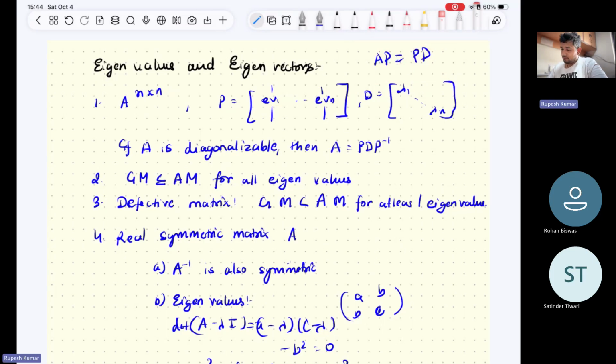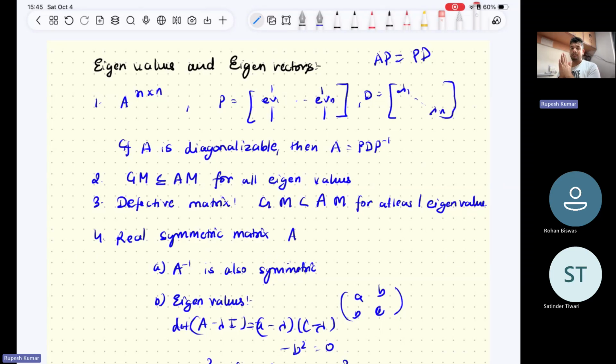The first hint on diagonalizability comes from this equation itself. Can P be inverted? If P can be inverted, then you can write A equals PDP inverse. If it can't, then you can't. So the criterion for a matrix to be diagonalizable is that if it is an n cross n matrix, it must have n linearly independent eigenvectors.